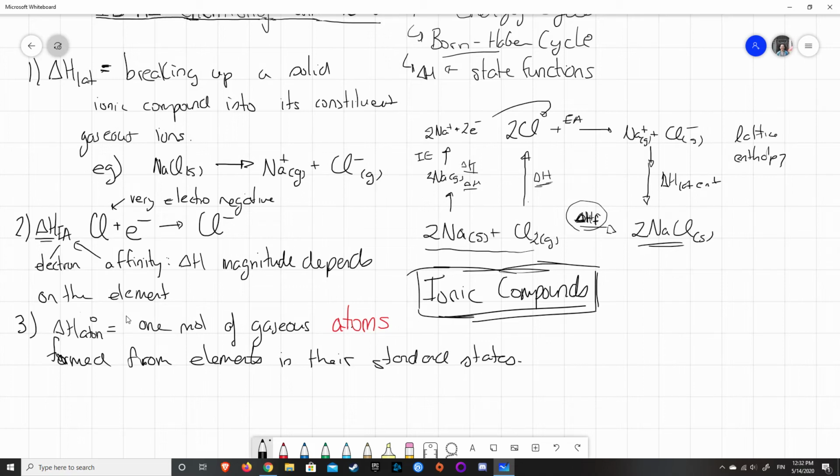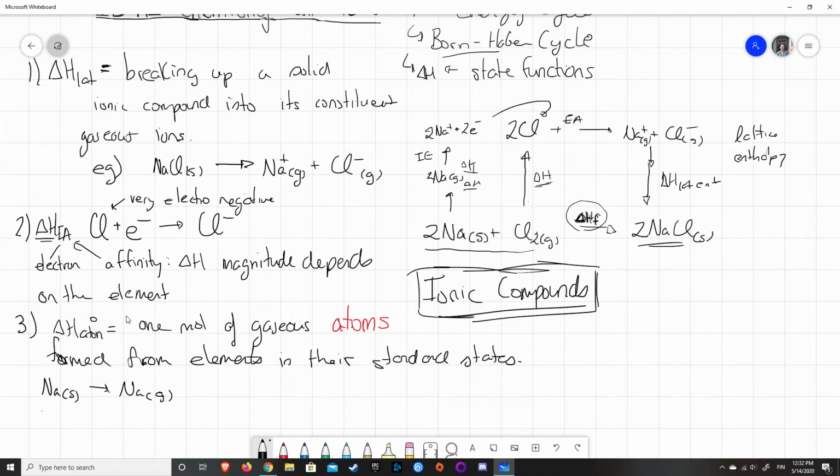So this depends on the element. We can say sodium solid goes to sodium gas. That's fine. We've just basically boiled it and turned it into a gas.